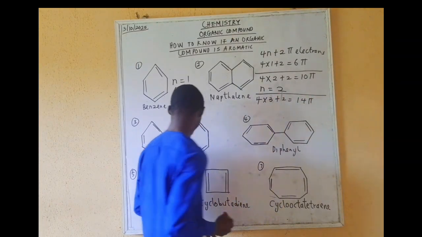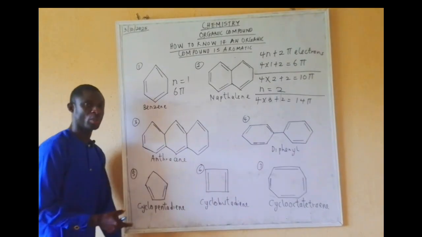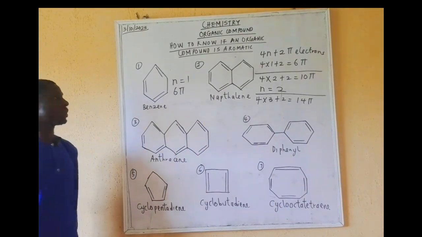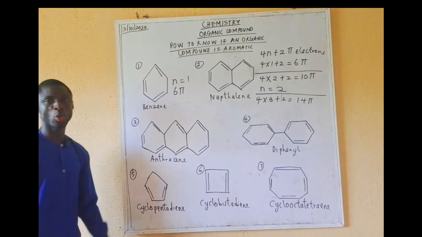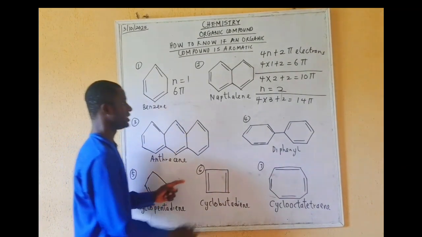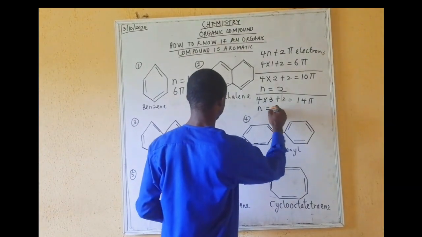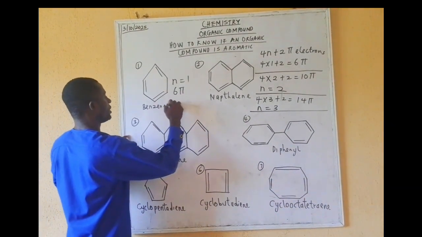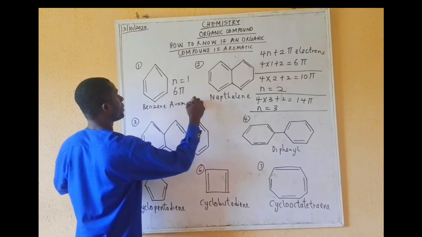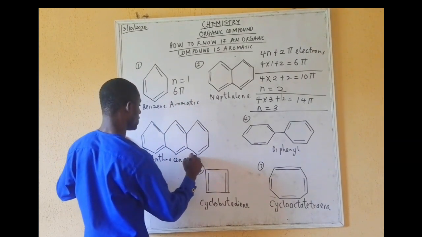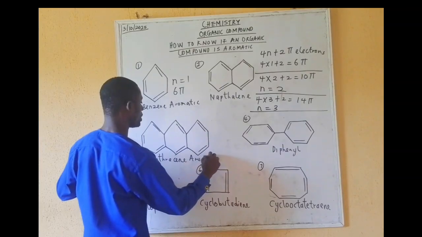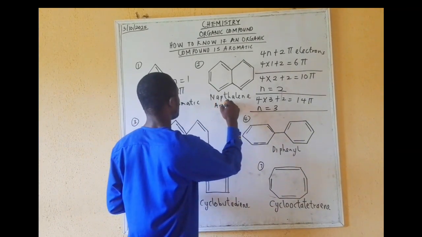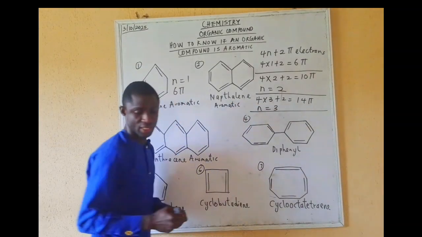So also we have 14 pi electrons here because this is 1, 2, 3, 4, 5, 6, 7 times 2. So that gives us 14 pi. So it also obeys Hückel's rule. That means that in this one, our n is equal to 3. That means that this one is also aromatic. It obeys all the properties. This one is also aromatic. I think I can clean the board now.